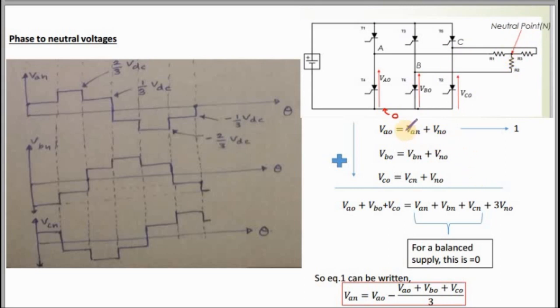So you can write VAO is equal to VAN plus VNO, right? VAN plus VNO, that is equal to VAO.